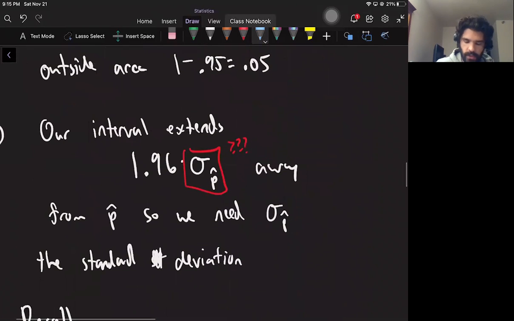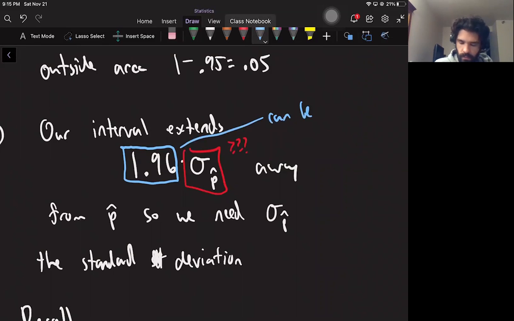But what will change is, instead of using your 1.96 critical value that I used, if your confidence level is different, this will be different. So it's really just going to be one of 3 numbers. It could be the one for 90, it could be the one for 95, which is this one, or it could be the one for 99.